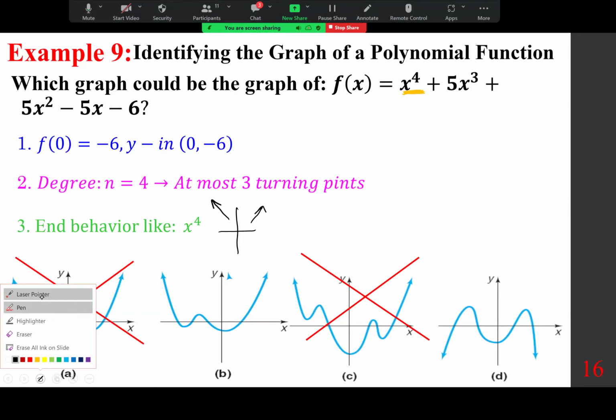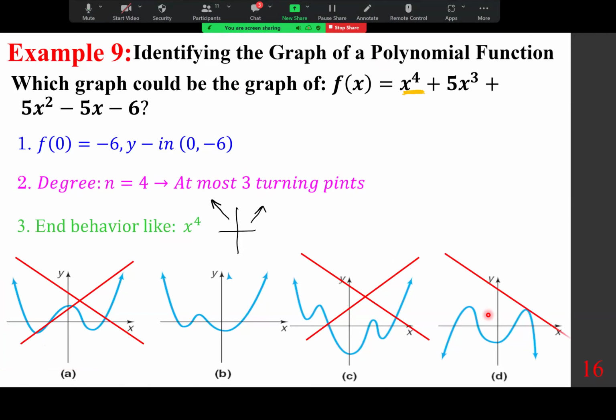Okay, everybody? Therefore, this one is out. And so the answer must be A. I hope everybody is clear as to what I'm saying here. It should be pretty straightforward, everybody.